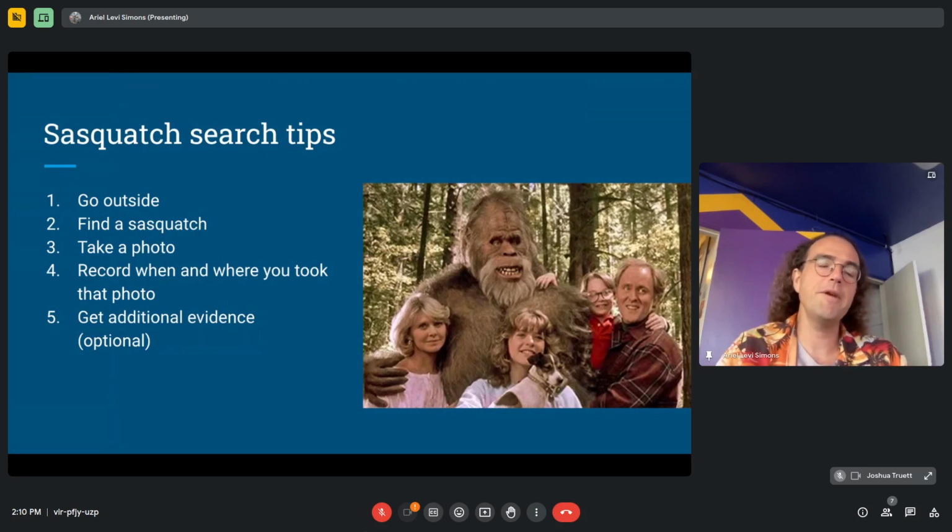Well, Bigfoot usually has the same ability as Clark Kent to rapidly move and make everything look blurry when you take a photo. Little known fact, especially about Clark Kent. And then you also want to record when and where you took that photo. This is where you can get the EXIF information or the GPS stamp on where you observed Bigfoot. And then here's the optional step, which is get additional evidence.